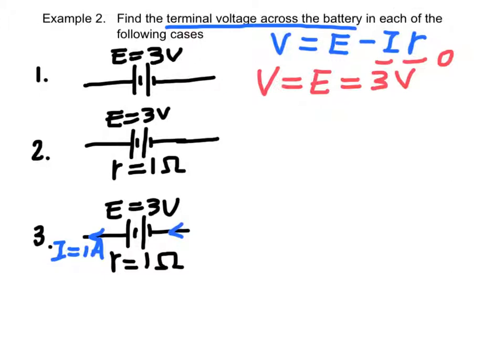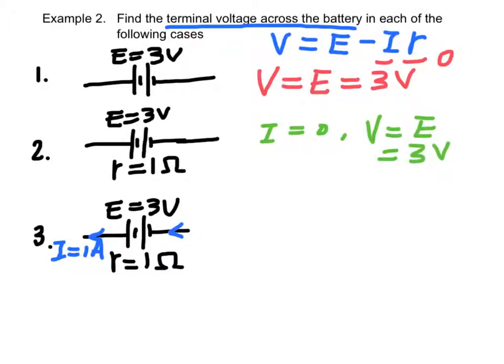For the second case, since current equal to 0, therefore terminal voltage across the battery equal to E, still equal to 3 volts.